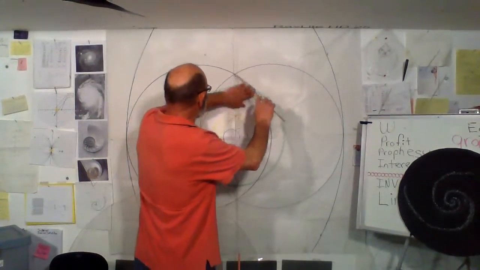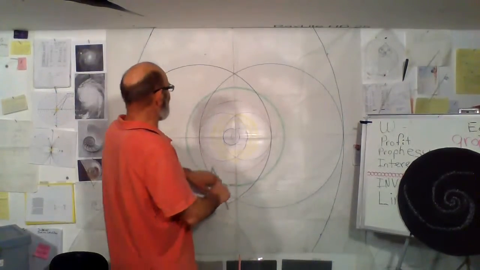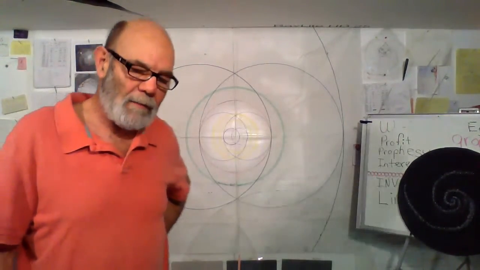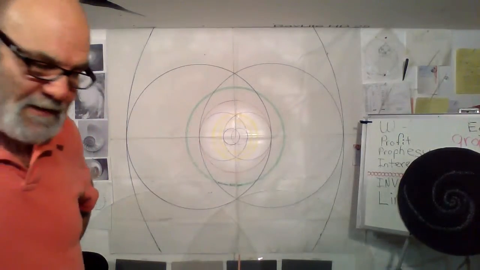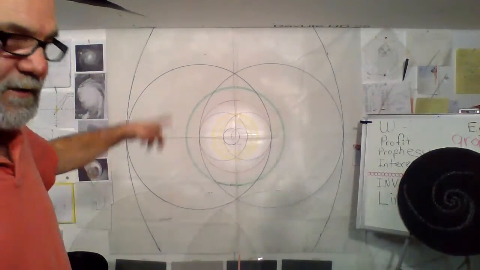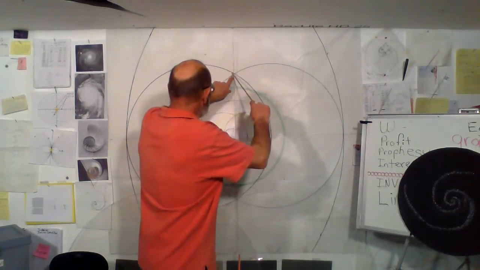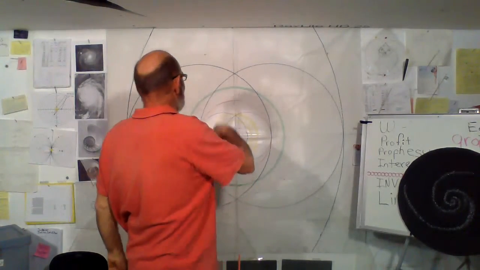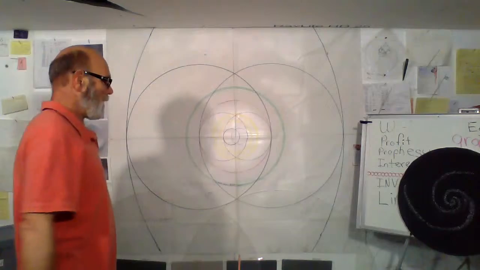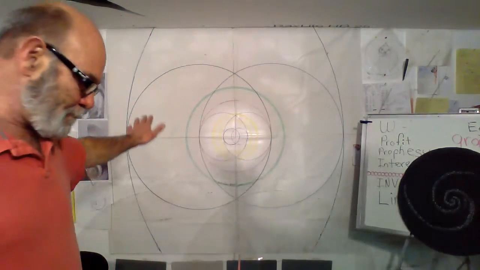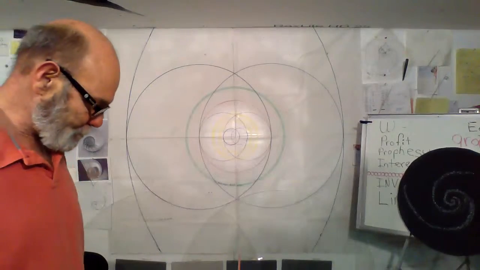If we were to think about this large set of rings as being the orbital of, let's say, hydrogen, just to keep it simple, that's all we need, those two black ones here, this one and this one. Let's call that the ambient state. That's a temperature.